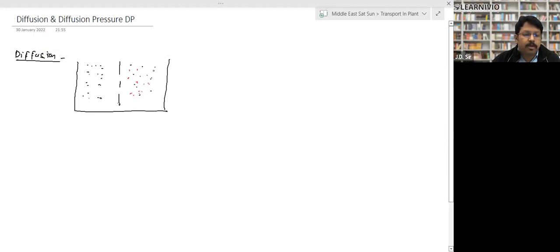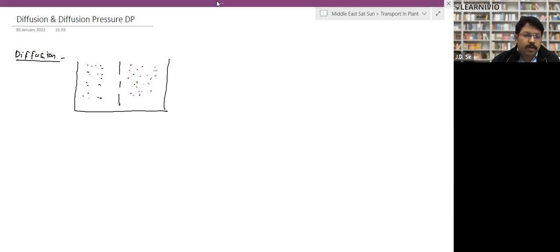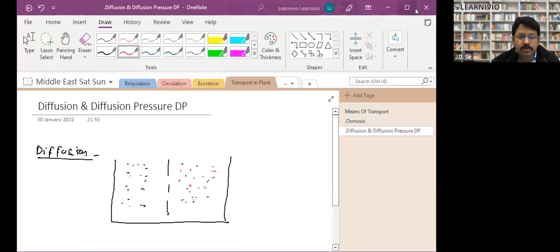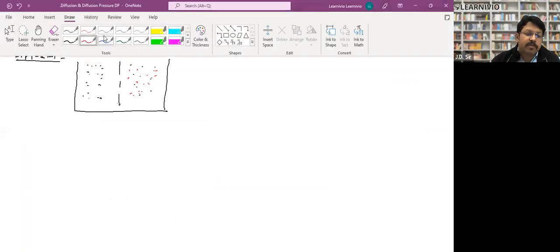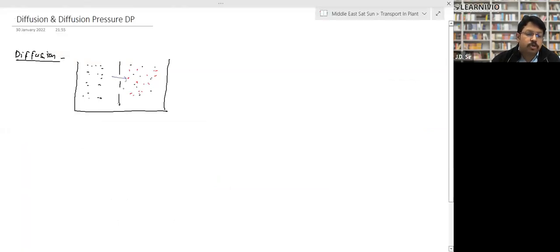So what will happen? The movement of water molecules will take place from higher concentration to low concentration. We call that diffusion. These water molecules would like to spread evenly, so that even distribution of water molecules will take place. That is simply called diffusion.